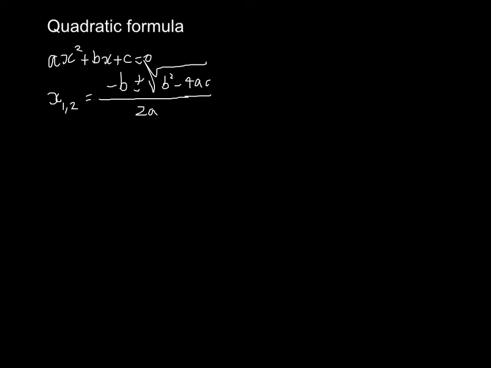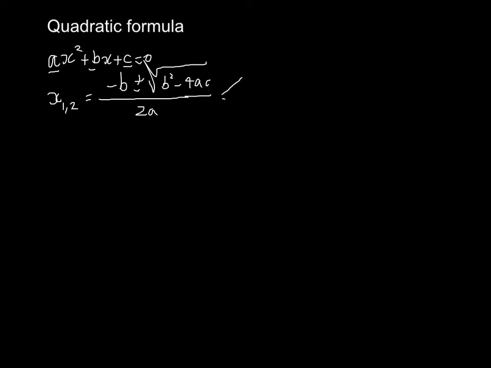Now b is the coefficient of the x term here, a is the coefficient of the x squared term or the leading coefficient, and c is the constant in the quadratic equation. If we know these values, we can plug them back in the equation, minus b plus or minus the square root of b squared minus 4ac, divided by 2a, and find two roots.